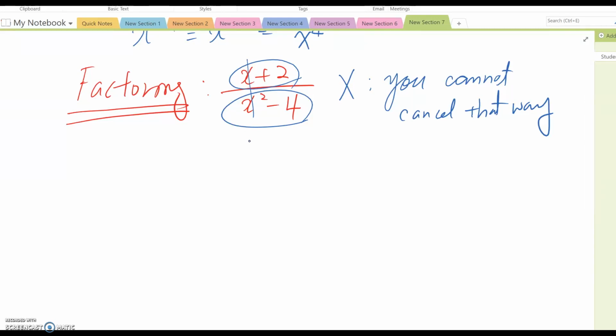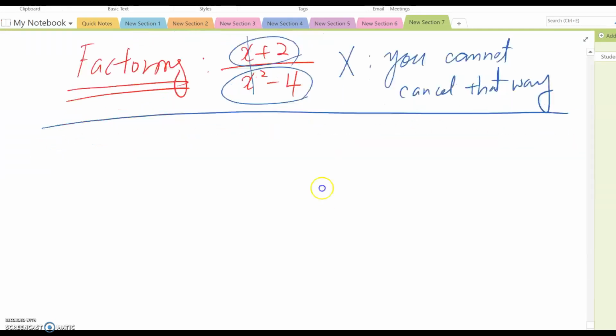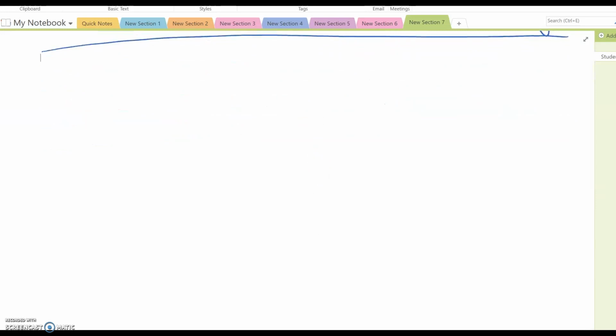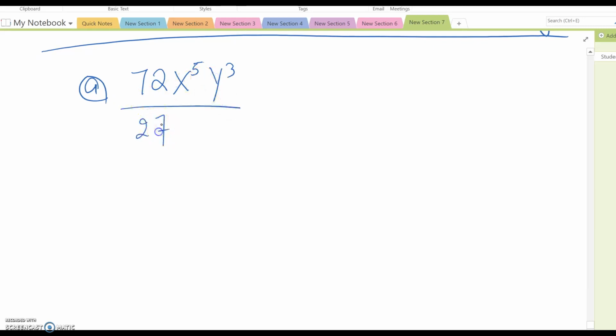Okay? So based on these two fundamental factors, now we can make some examples and try to reduce the rational expression. So now this question here: 72 x to the fifth y cubed over 27 x y to the 7th power.